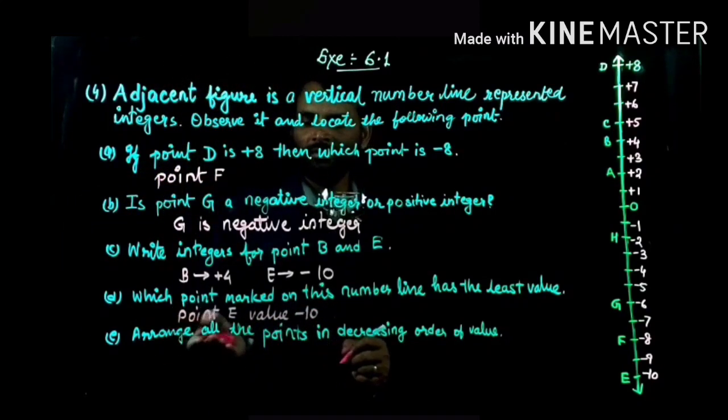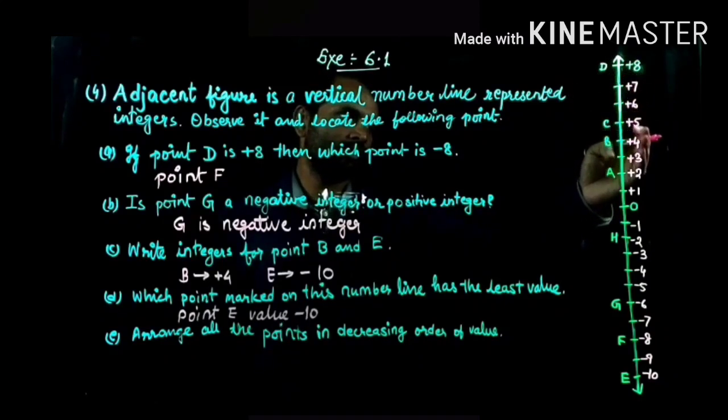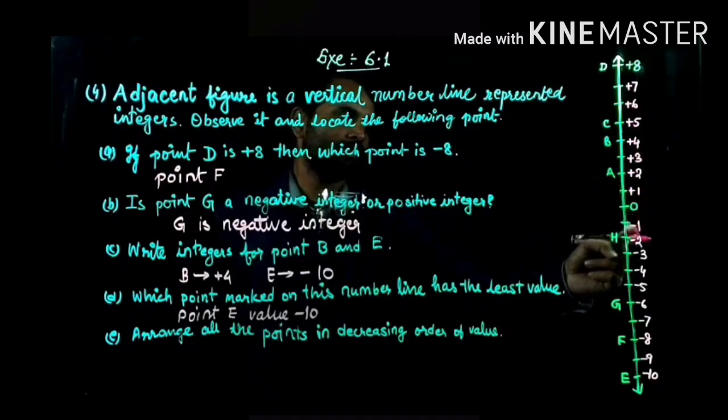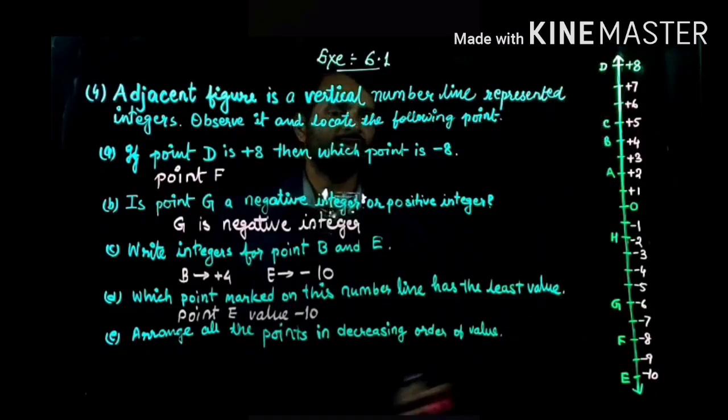And next is arrange the all points of decreasing order. Decreasing order must first will be write the big number. That the decreasing order of plus 8, plus 7, plus 6, plus 5, plus 4, plus 3, plus 2, plus 1 and 0. That minus 1, minus 2, minus 3, minus 4. This is the upper to down. Up to down is a decreasing order.